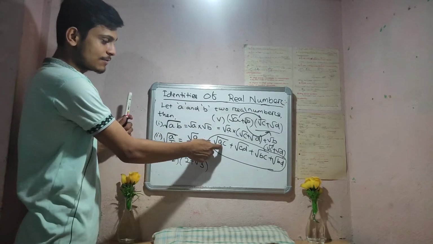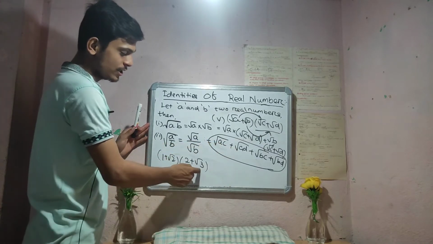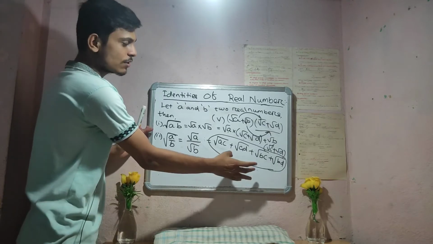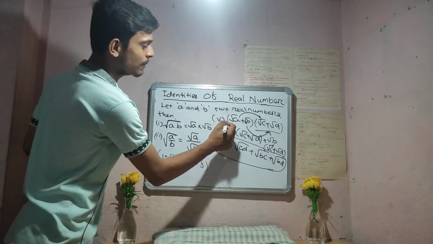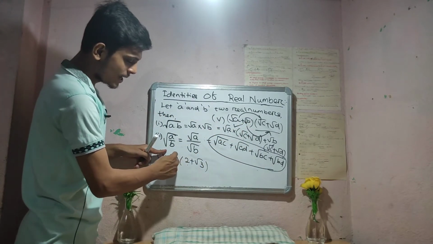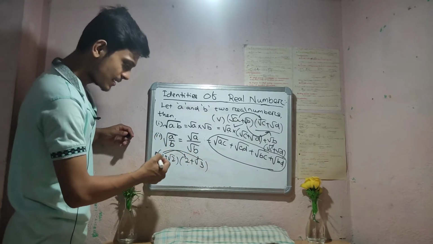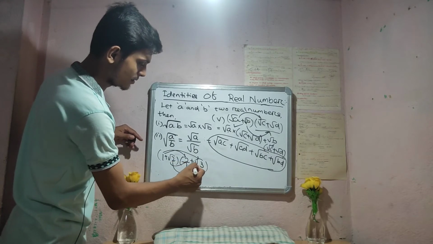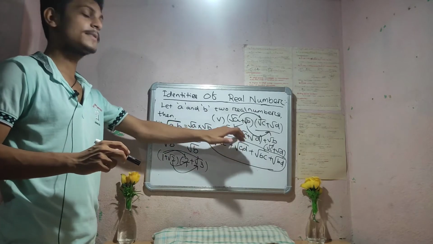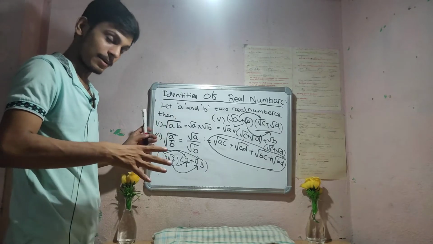So in this way you can find it. 1 into 2, then 1 into √3, then √2 and 2, and √2 and √3. So this step is very important, the second step. This is the formula, no doubt, but this step is very important from your simplification point of view. Then you can simplify this. Clear?